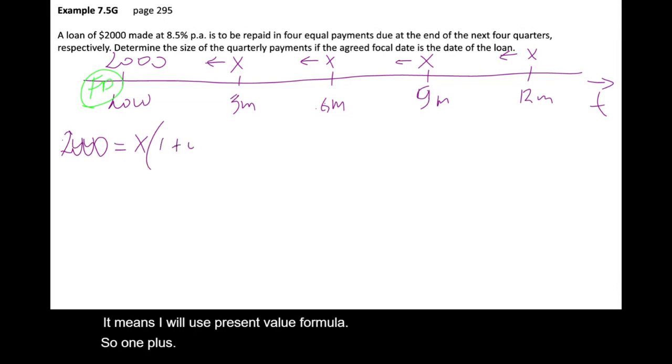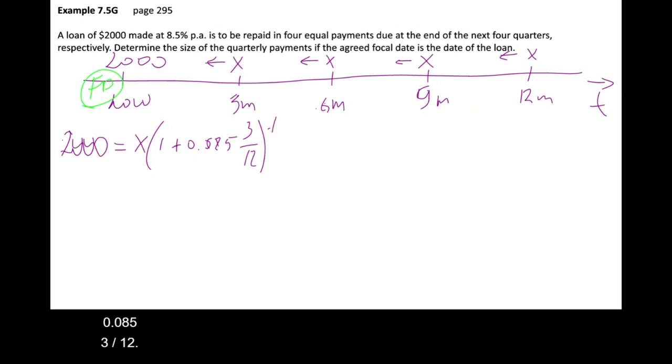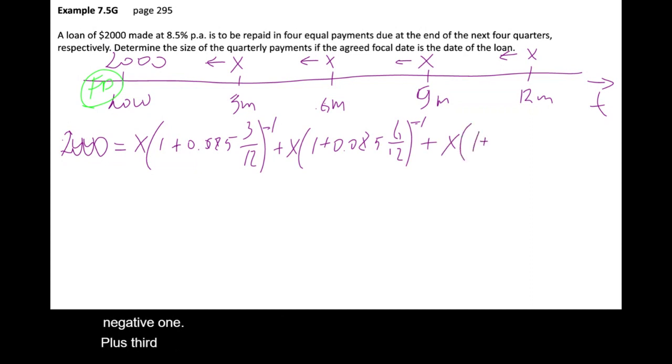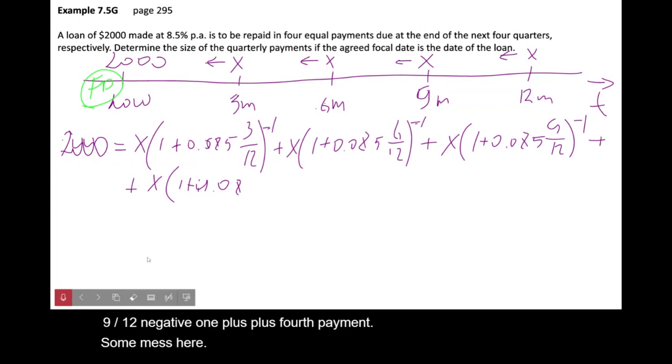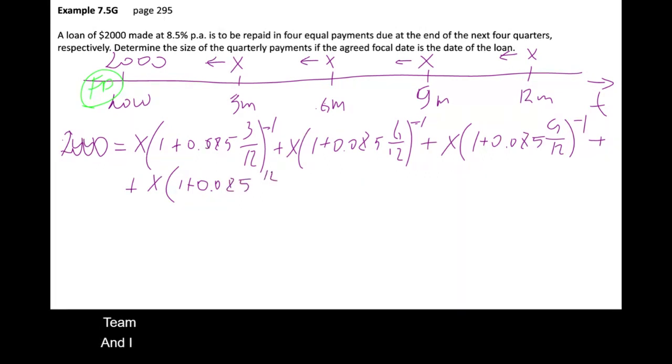So 1 plus 0.085, right? 3 over 12, negative 1, plus second payment, 6 over 12, negative 1, plus third payment, 9 over 12, negative 1, and plus fourth payment, and I put here 12 over 12, right?